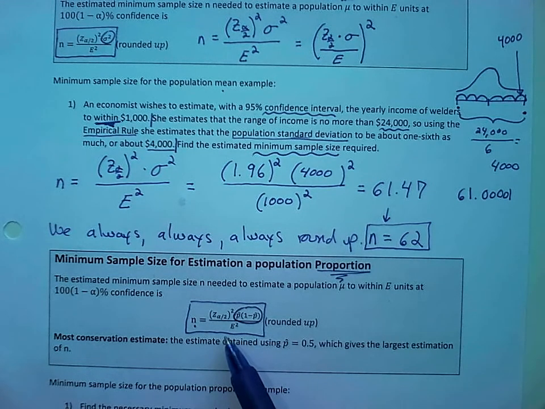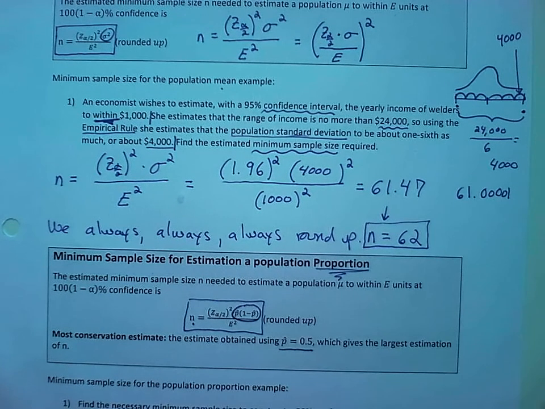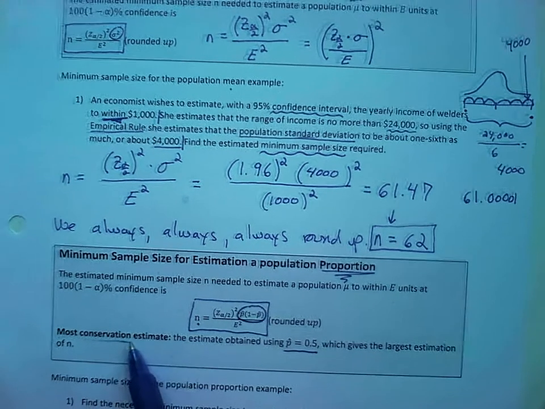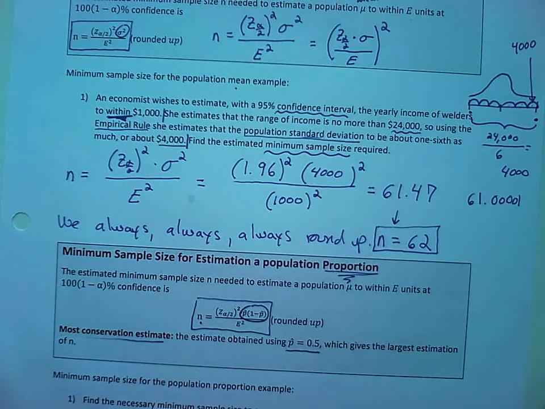But if it does not tell us what p hat is, then our default for p hat is that we're going to use 0.5 for p hat. And 0.5 for p hat is what's known as the most conservative estimate.